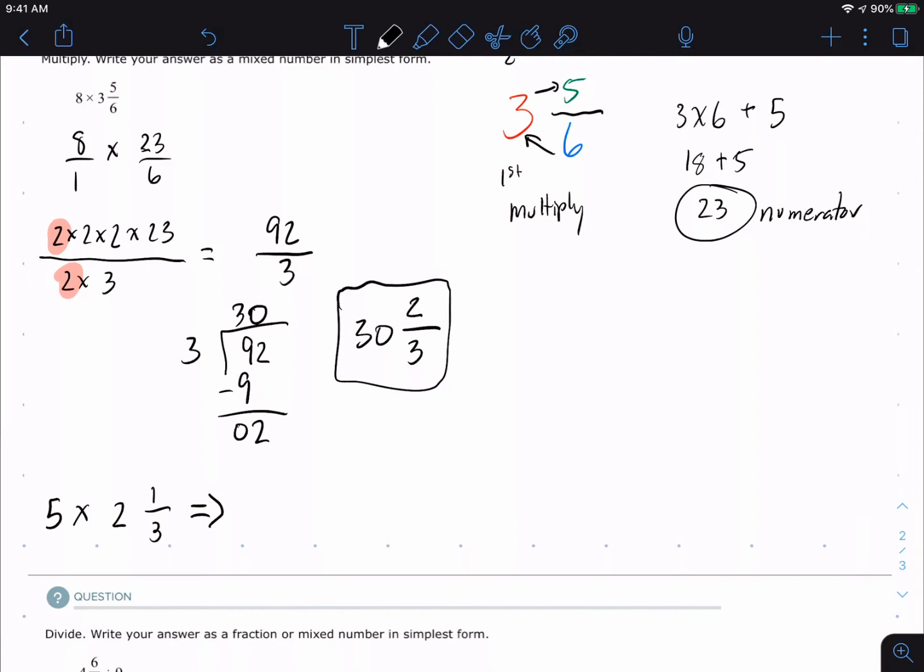Seven over 3. Okay, that's right. So I'm going to get 5 over 1 times 7 over 3. Is there anyone that had an issue getting that 7 over 3? Please speak up. I'll show again how to do it.